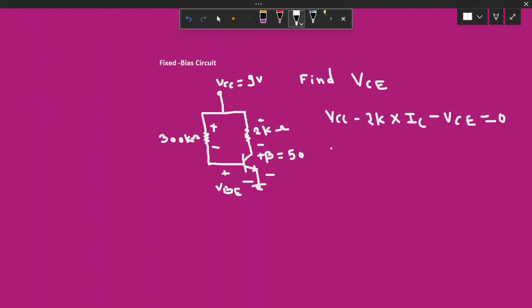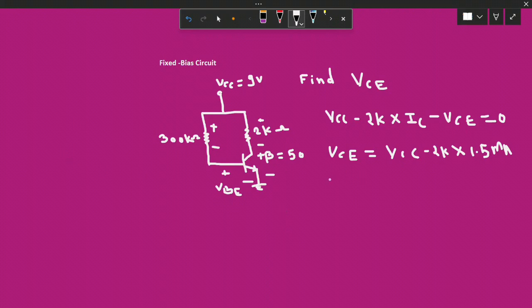Now taking VCE to the opposite side, so what we are getting, VCE is equal to VCC minus 2K into, now we found the IC value, what is that, 1.5 milliampere.